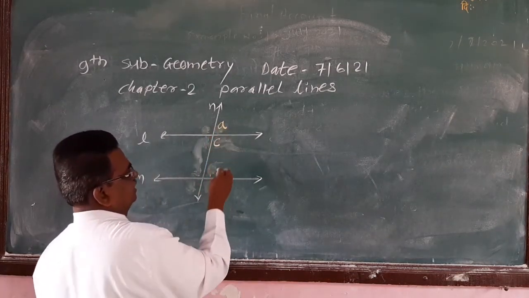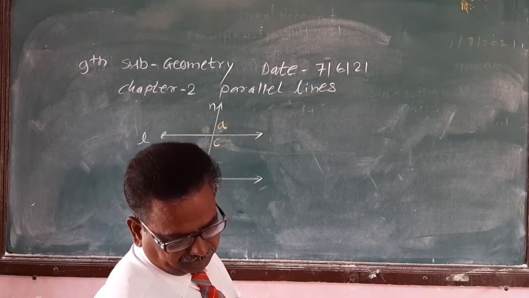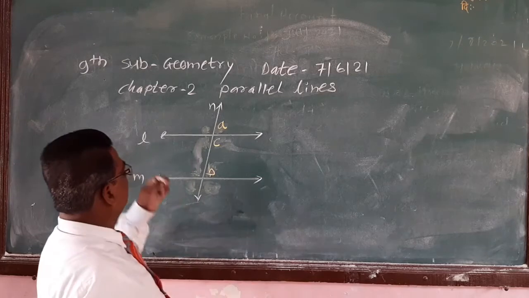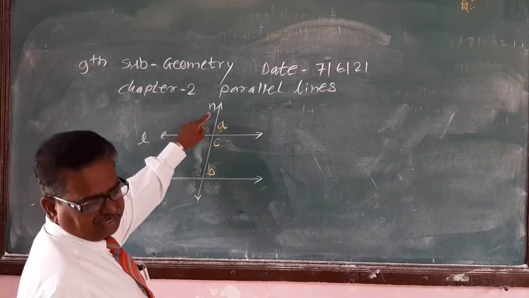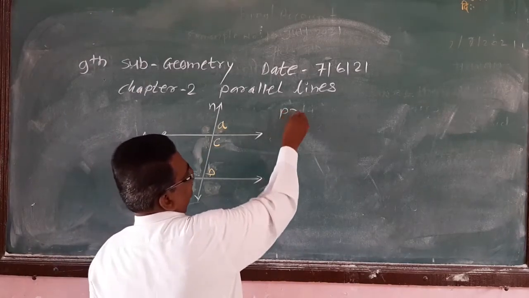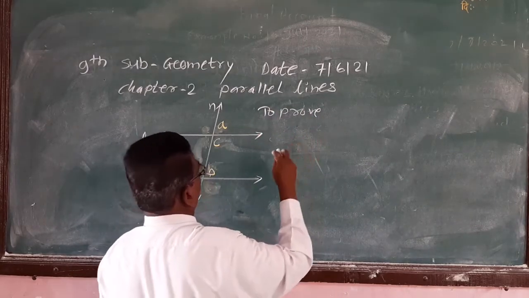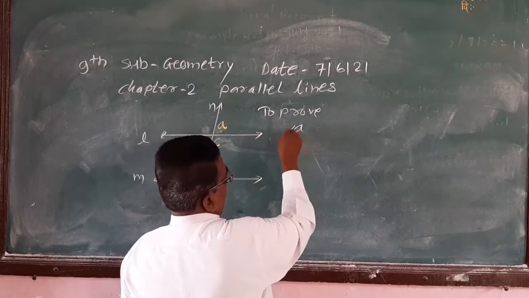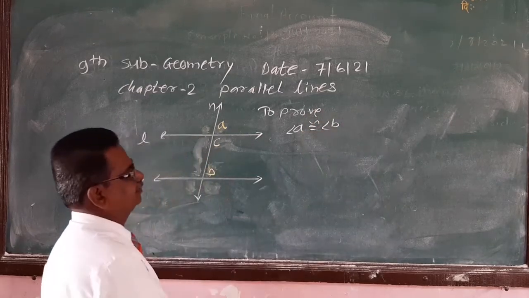Here A, C and B. Given line L is parallel to line M, line L is the transversal, and we have to prove here angle A is congruent to angle B.